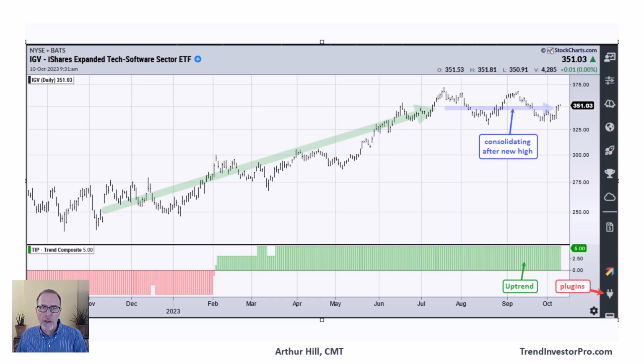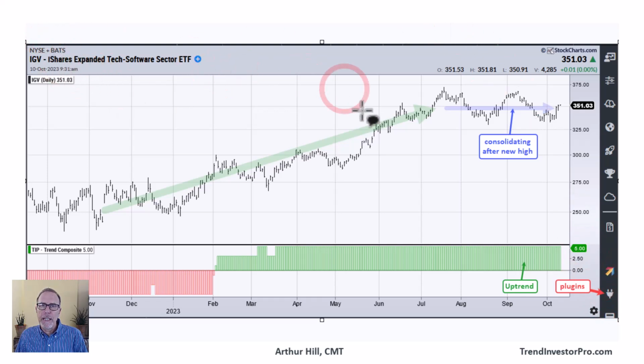So if we look at this chart here, this is IGV, and the trend composite is there. It turned positive in February, and it remains positive. It's currently at +5. And that means all 5 indicators in the trend composite are signaling uptrend. And you see the plugins linked in the lower right. Well, if you click on that link, you can learn more about the trend composite and how it works.